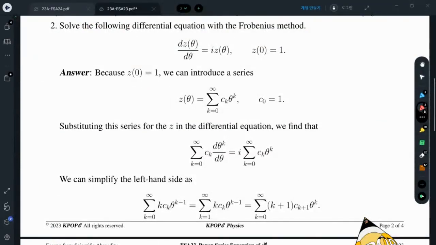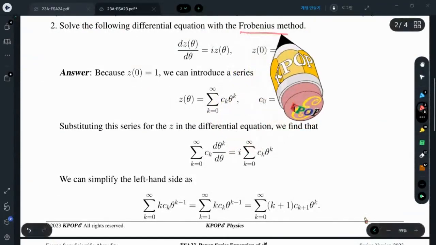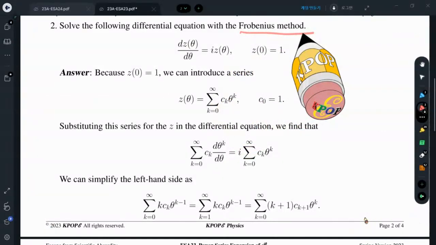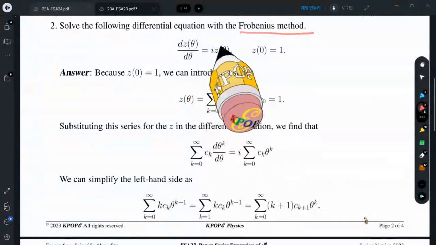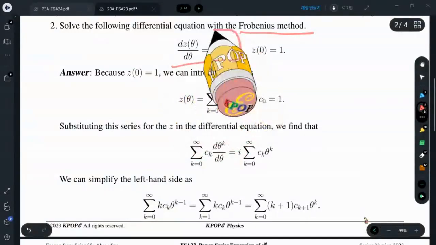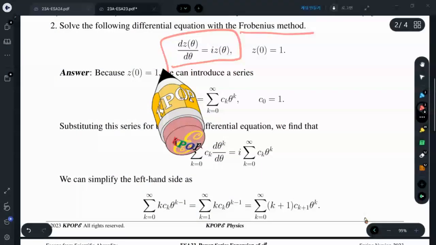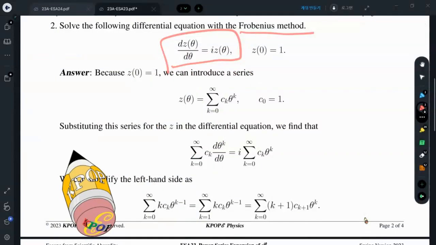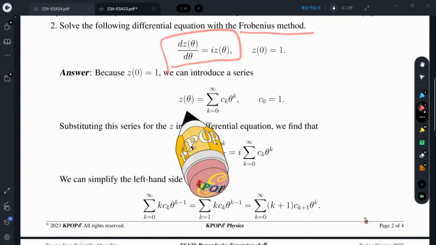Solve the following differential equation with the Frobenius method. We learned that if the solution of a differential equation is regular, that means it has no divergence in the region in which we are interested, then we can always make a series expansion that is equivalent to the Taylor series expansion.